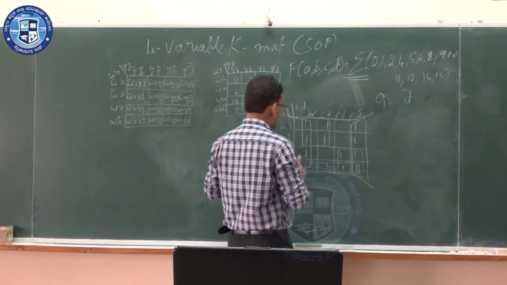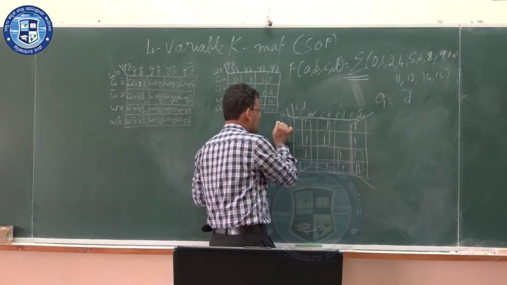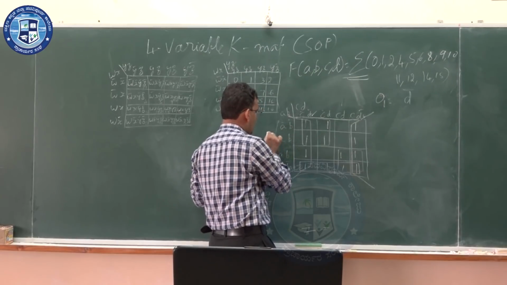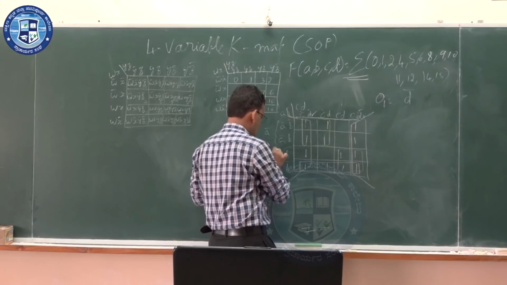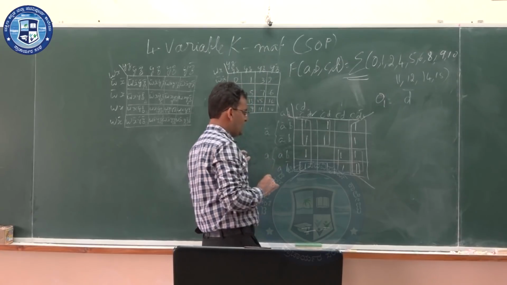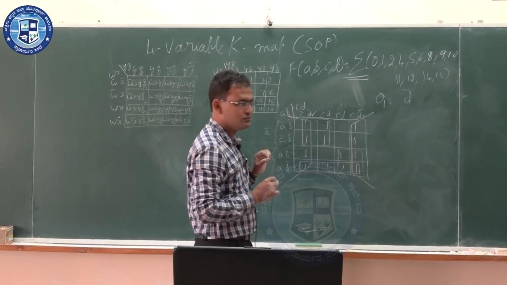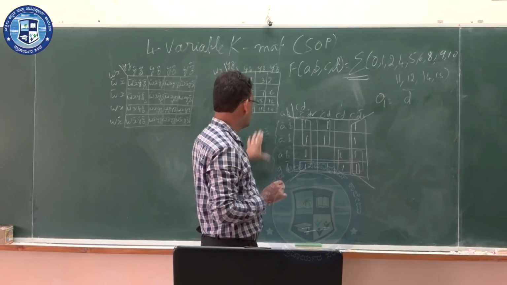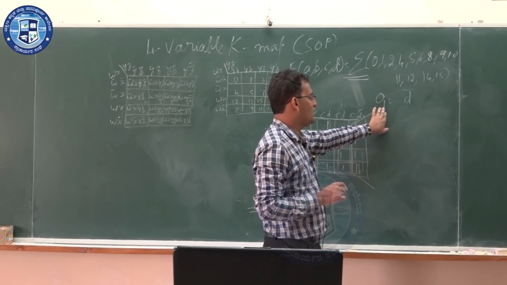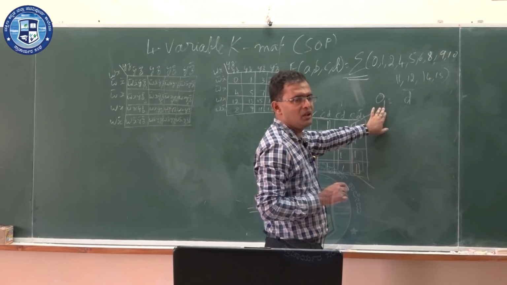Next, for the same octet, A bar B bar, A bar B, A B, A B bar: A bar plus A is equal to again 1. So, this whole thing will be cancelled. So, only from the octet we get one variable, that is D bar.